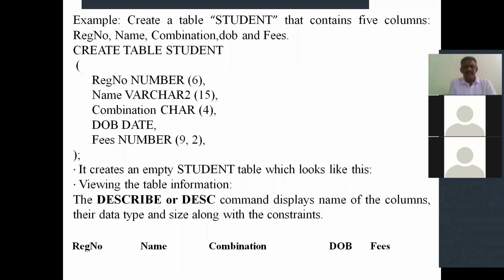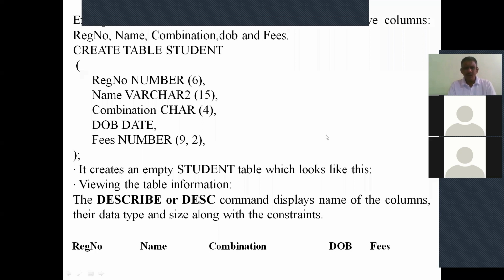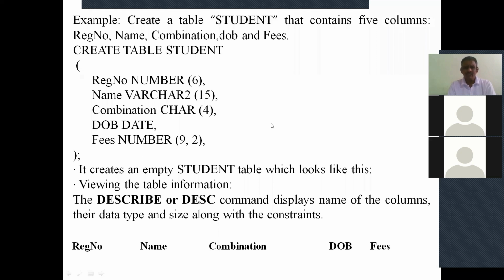It creates an empty student table which looks like this. How it looks, if you want to see this, right? Once you complete this particular create table command, ending with a semicolon, then you'll get a message on the screen also. When you type this command in the SQL prompt, if it is successfully completed, you'll get a message also, right?